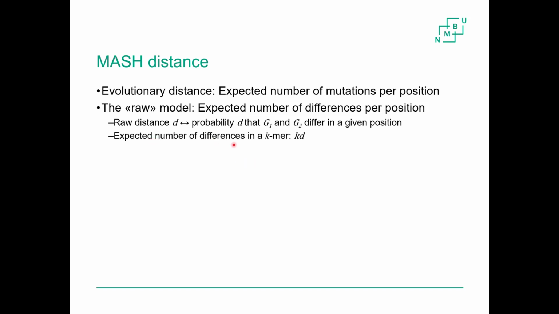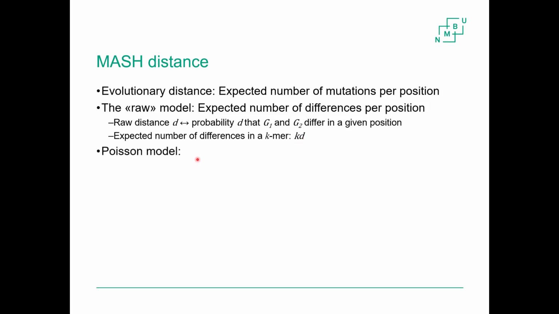The expected number of differences in a k-mer is then just k times d, because d is the probability of a difference at each position, and in a k-mer there are k positions.